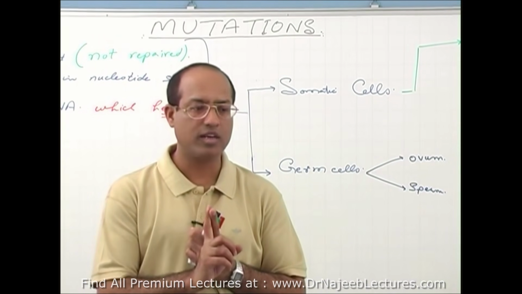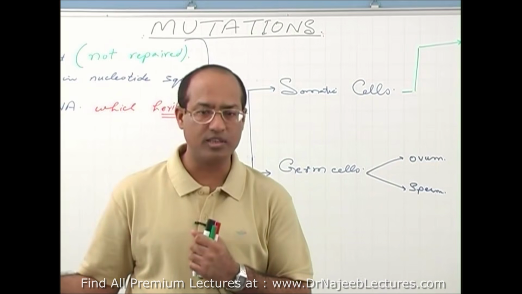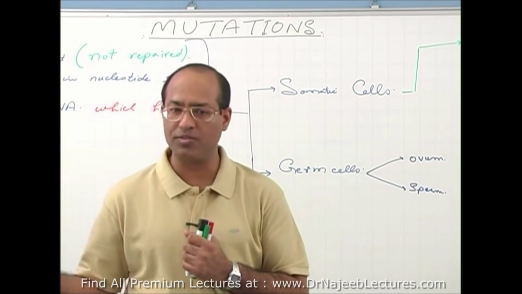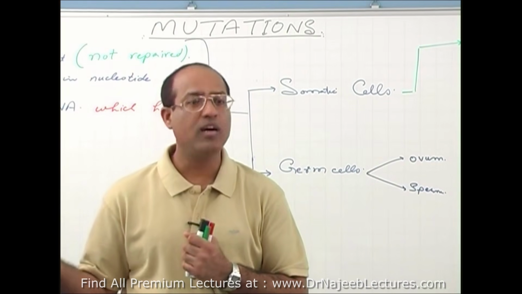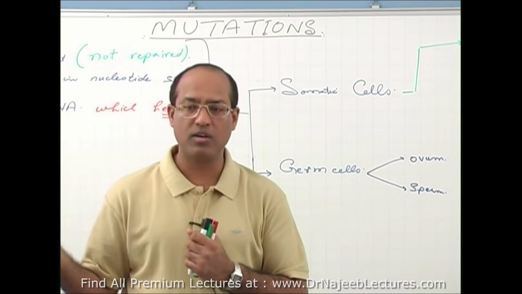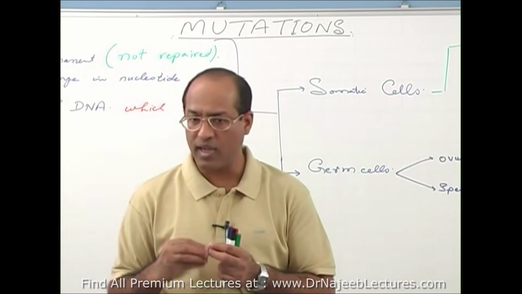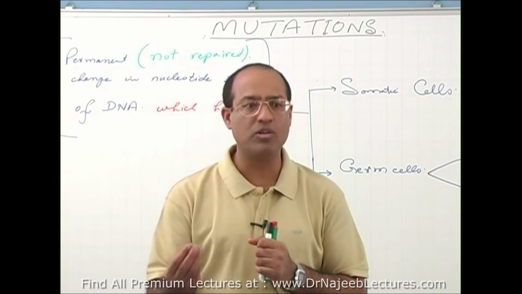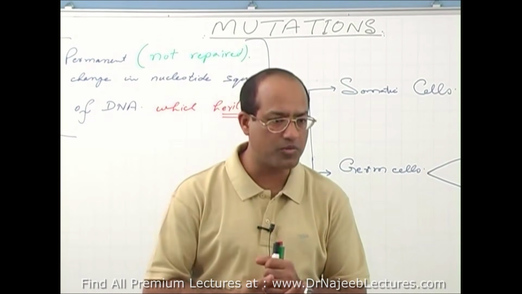Let's suppose there's a man standing here and he develops a mutation in one of his sperms, and unfortunately the same sperm fuses with an ovum and results in formation of a zygote, and that zygote eventually becomes a full organism, a human being.